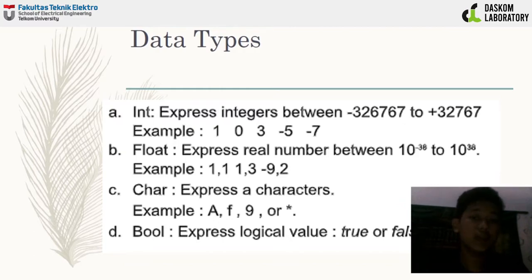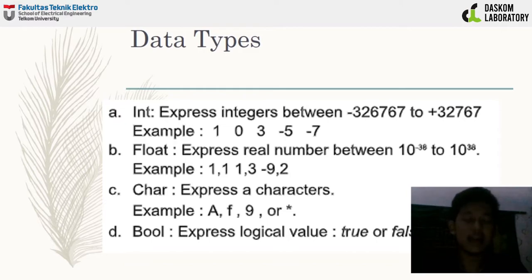The integer can only contain numbers like 1, 2, 62, 70, just that. It can't contain a decimal, and this is why float was created, to contain decimal numbers for the program.